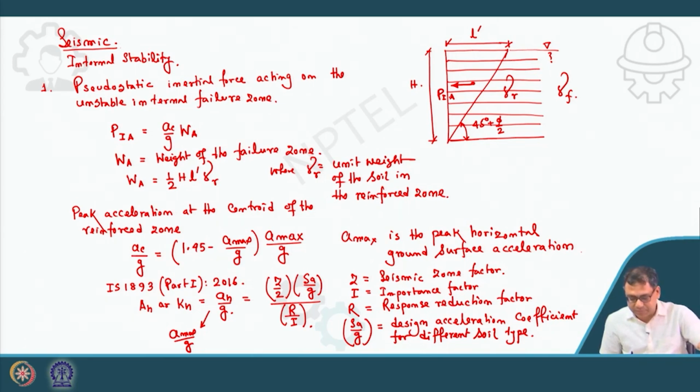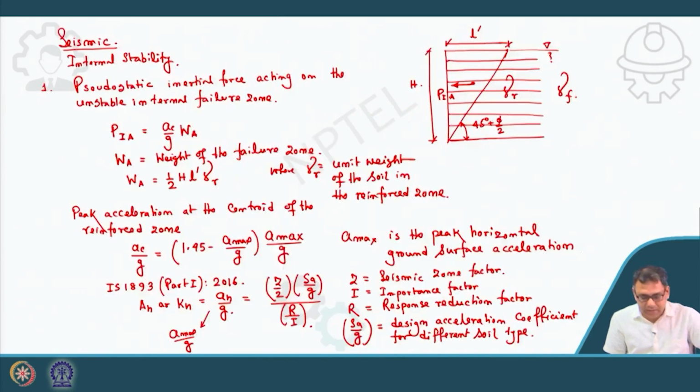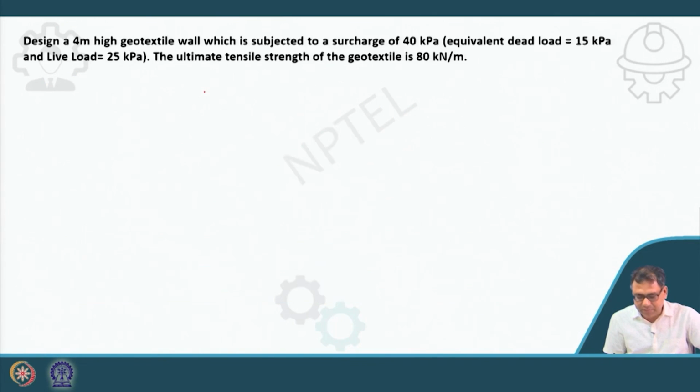So, once we get the PIA, what is the next step? Next step will be that you know how to calculate the T allowable that I have discussed.